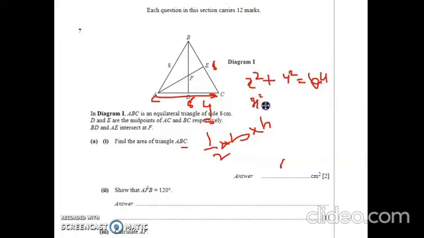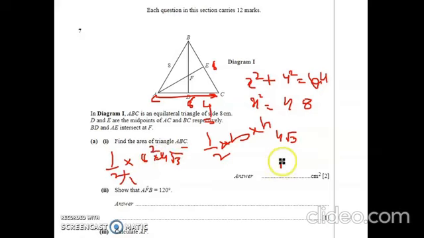So x square equals 48, and the square root of 48 will give me 4 root 3. So half, base is 8, multiplied by 4 root 3. So this will be 8 2s are 16, 16 root 3.